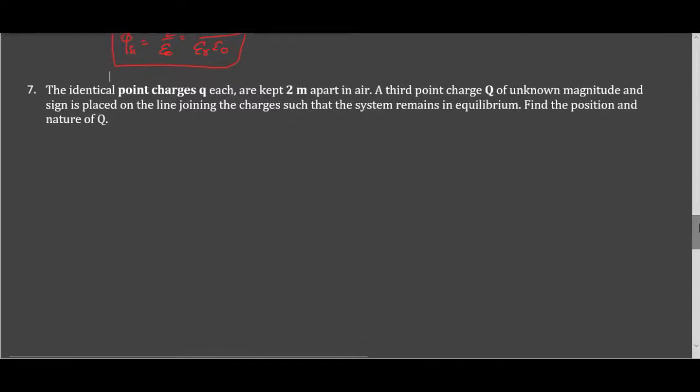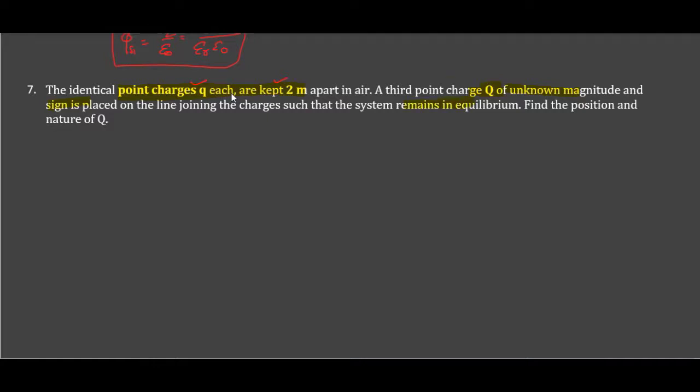This is a very important numerical. For two identical point charges Q, each kept 2 meter apart in air, a third charge Q of unknown magnitude and sign is placed on the line joining the charges such that the system remains in equilibrium.